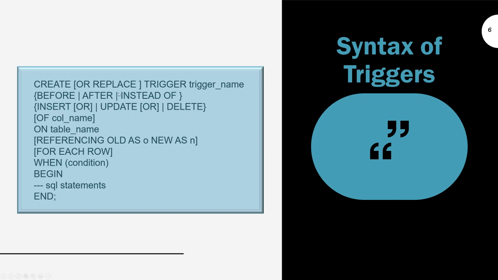These are your DML and DDL trigger keywords. Then on which table, and then referencing OLD or NEW, for which row and which conditions. And then what you want to happen when that trigger is fired. You put your statements in this area right here. So this is the basic syntax.